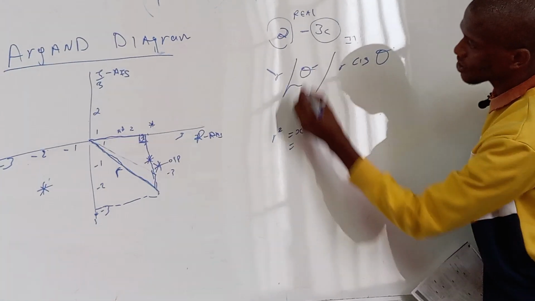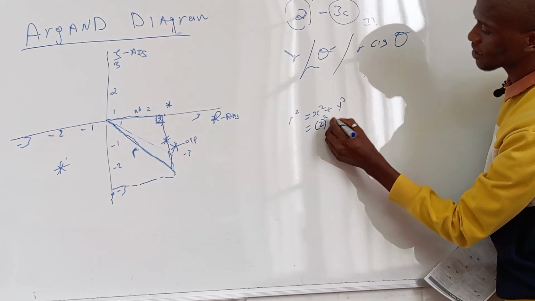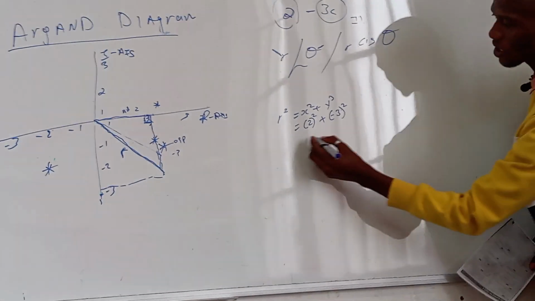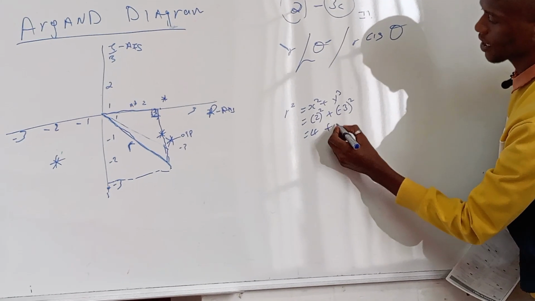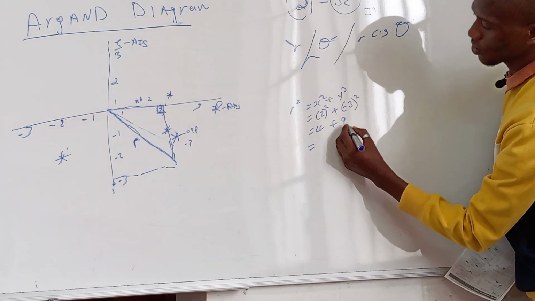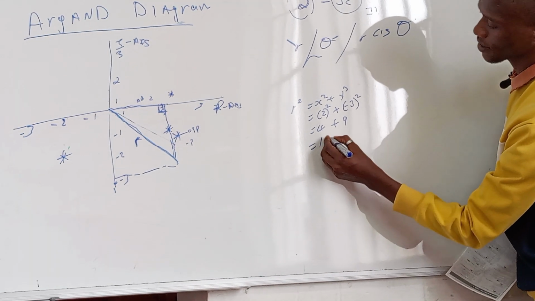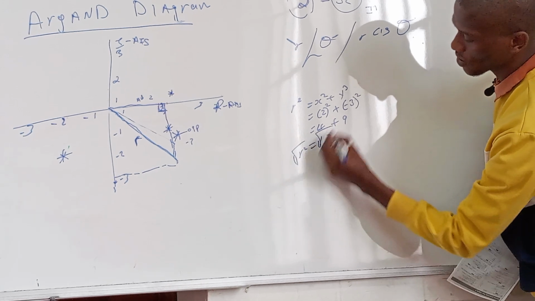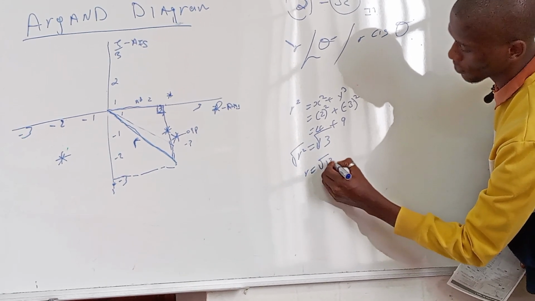So the value is 2 squared plus negative 3 squared. So this will be 4 plus 9, which is 13. Then r is equal to the square root of 13.